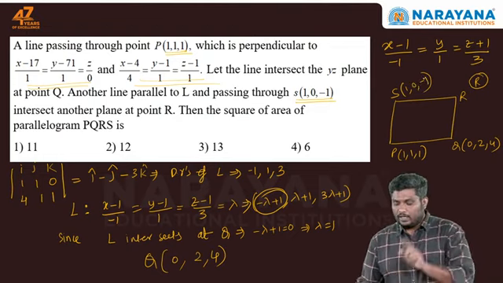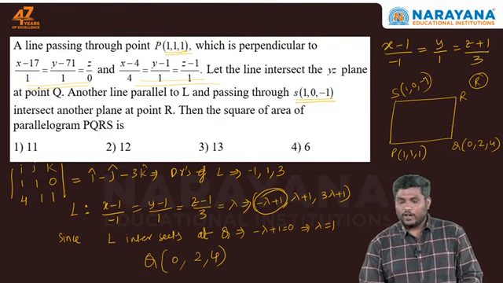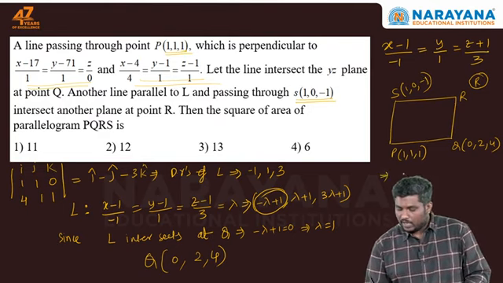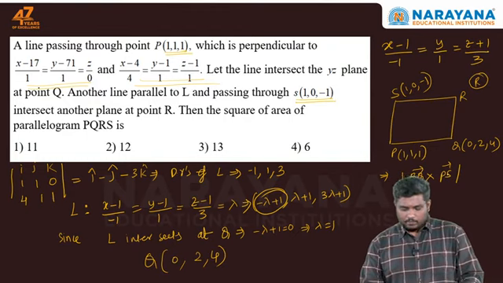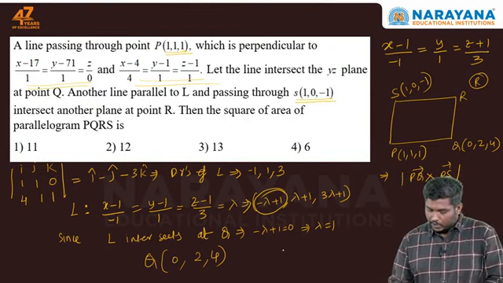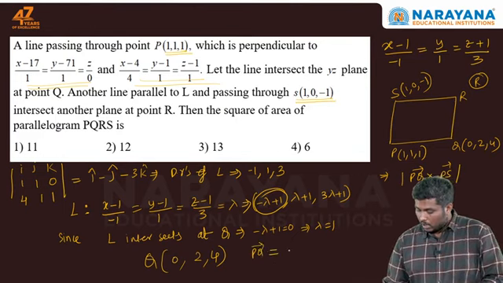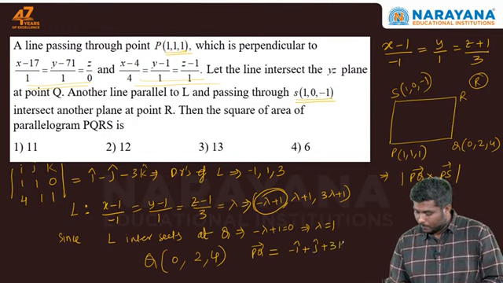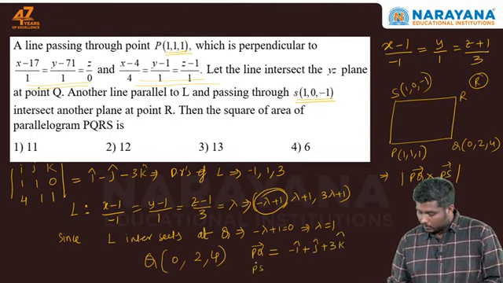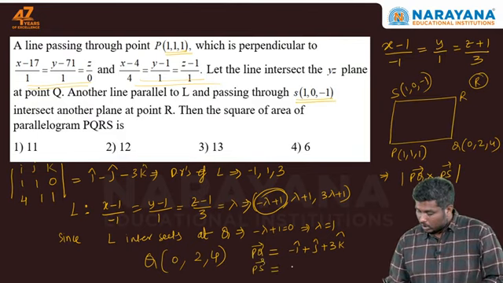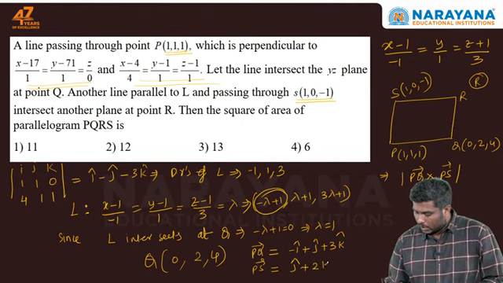Now you need the area. How do we find the area? In a parallelogram, the area is PQ cross PS. Let me first find PQ. PQ bar is equal to minus i cap plus j cap plus 3 k cap, and PS bar is equal to j cap plus 2 k cap.